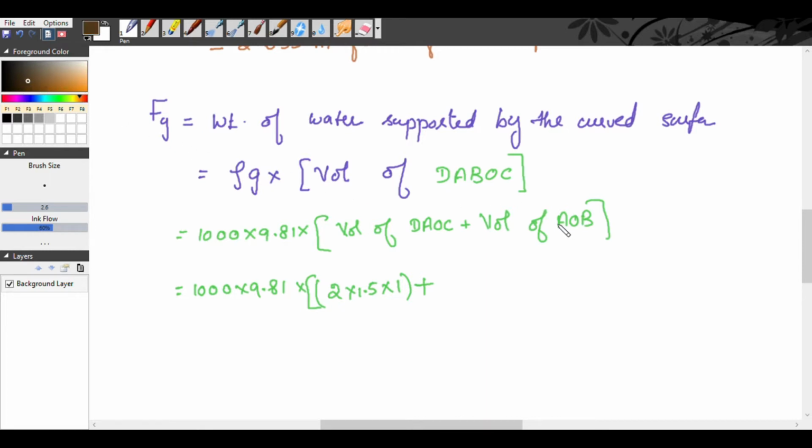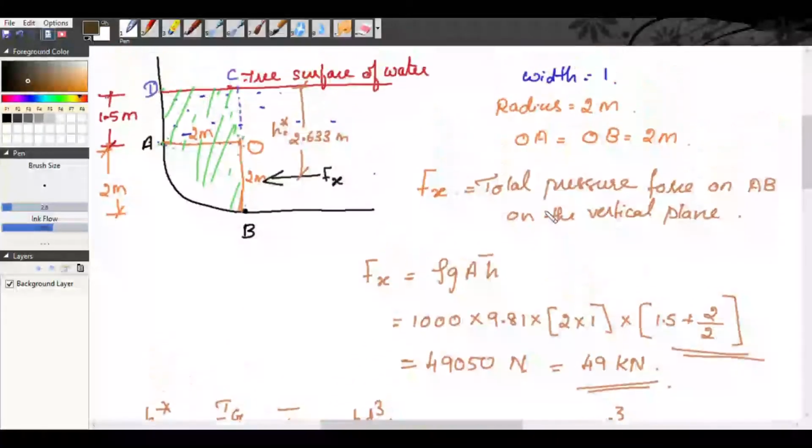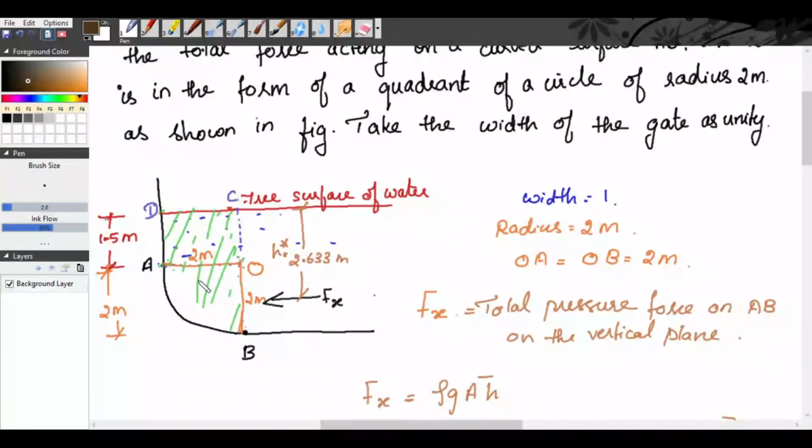now the volume of AOB. This portion is a quarter of a circle. We know the formula for the area of a circle is pi r square, so for a quarter of a circle we divide by 4.